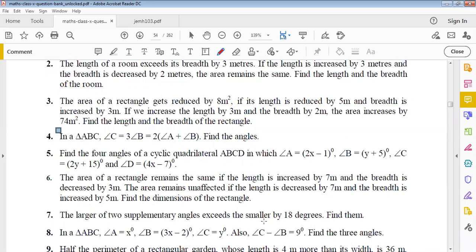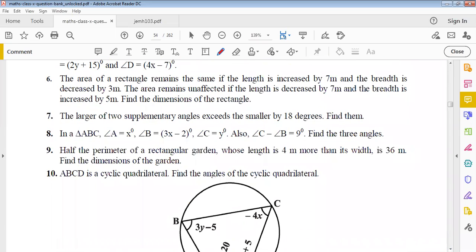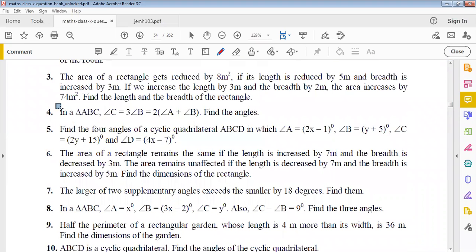The sixth question also we know, seventh also okay. Okay, then these questions are okay. Then we'll go for angles.